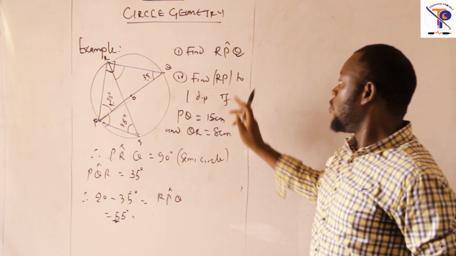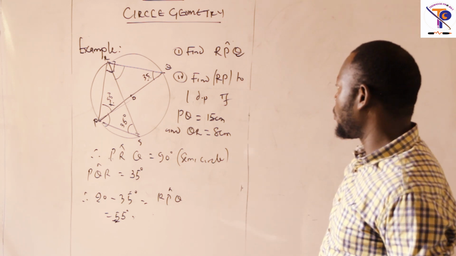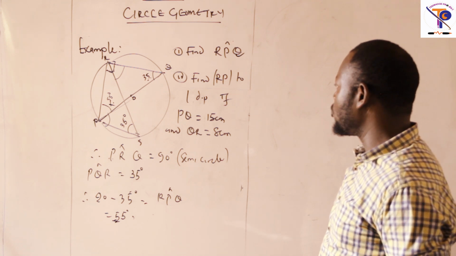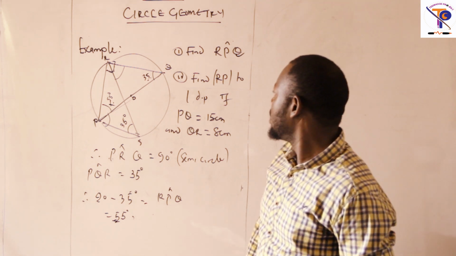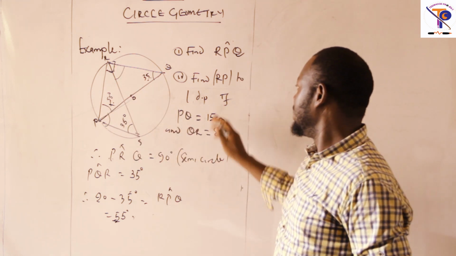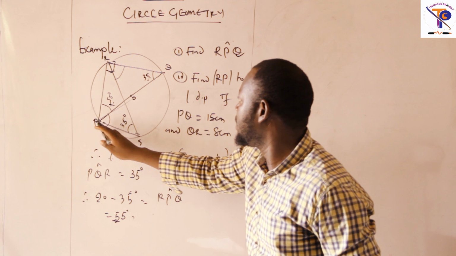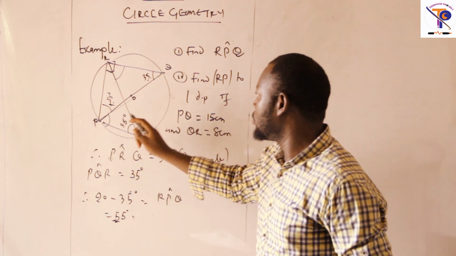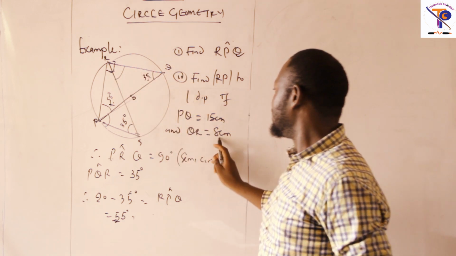We are good. Going to the second question now, we are finding RP. If line PQ is 15, and QR, that is Q and R, is 8.